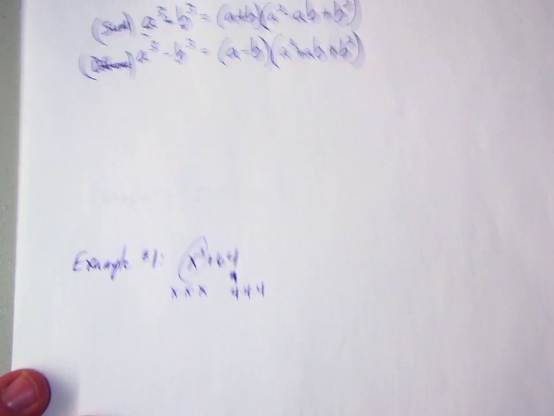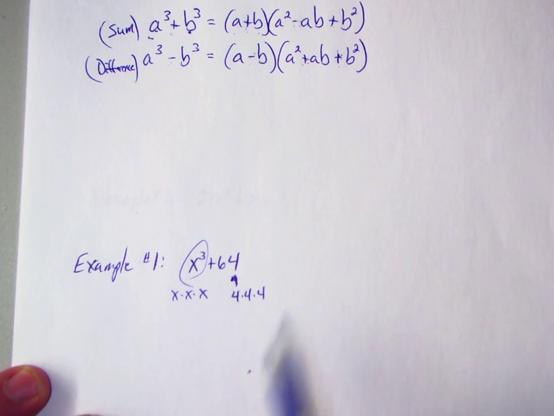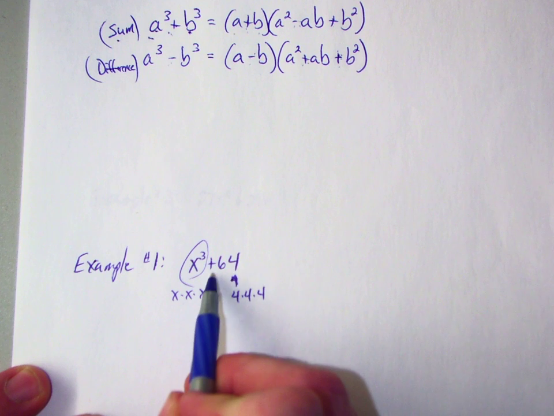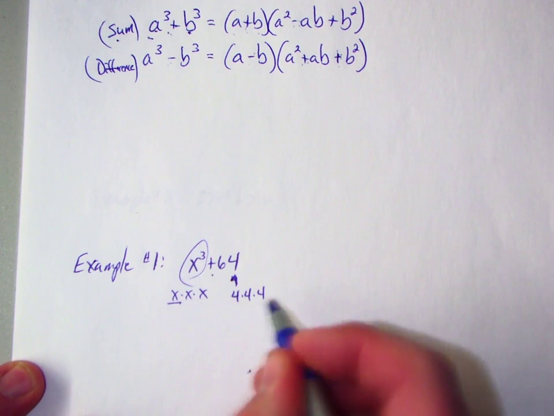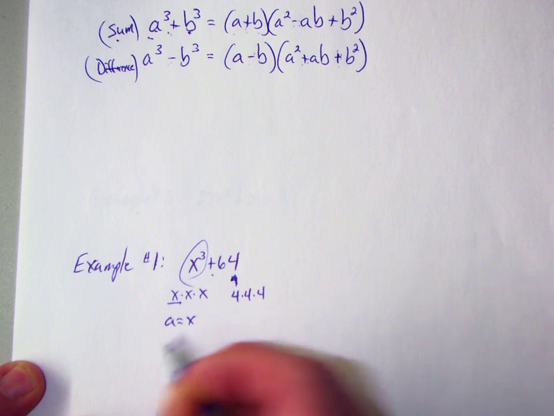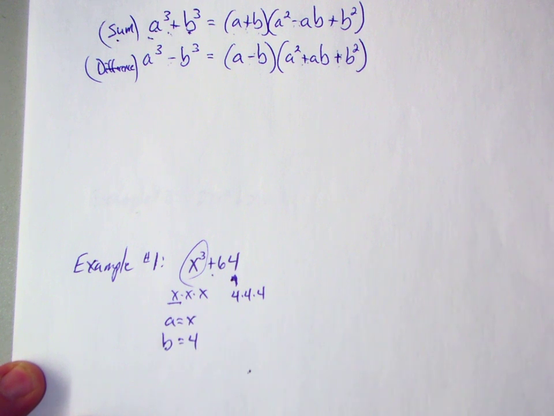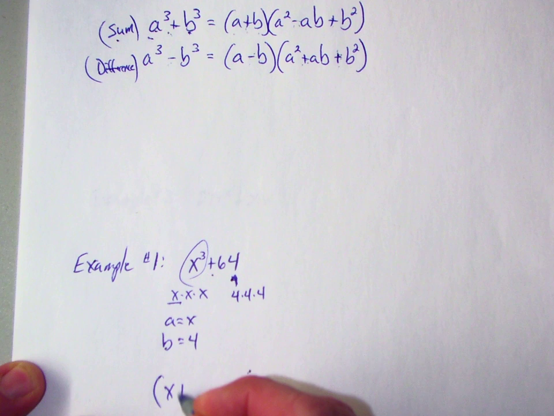Since both of these are perfect cubes, I can factor this using one of these formulas. In this case, I'm using the sum because it's addition here. So it says a plus b. In other words, your a will be x and your b will be 4. So therefore, we have x plus 4.